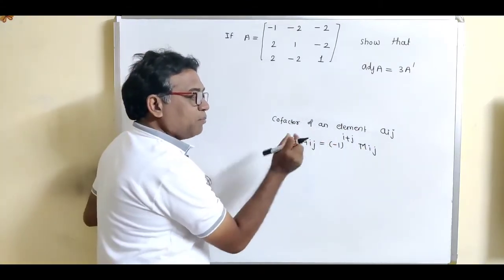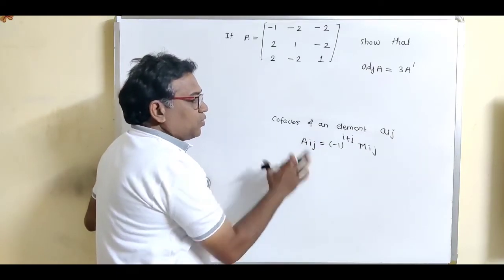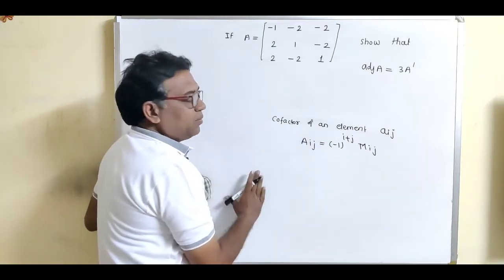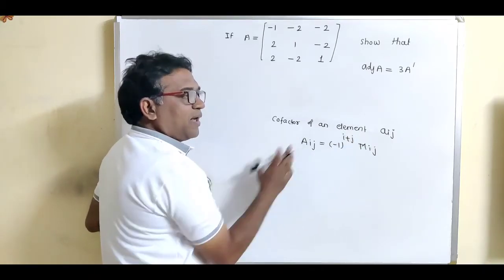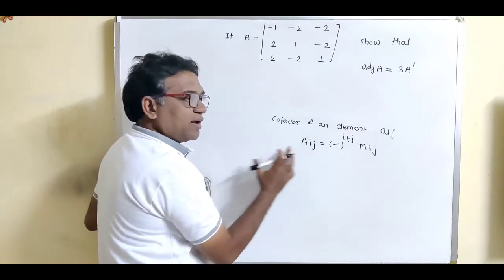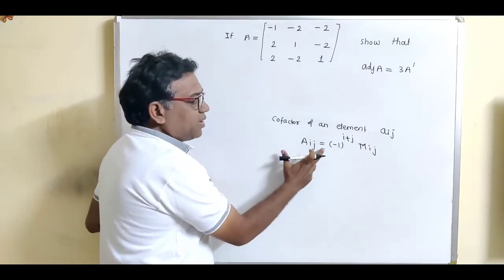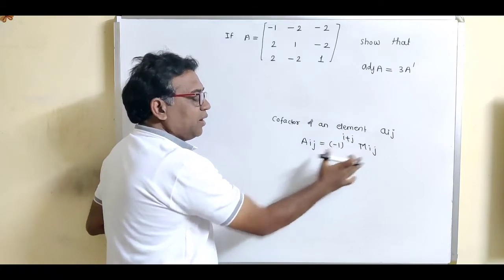Mij means that is the minor, that is the determinant. Just take the addition of these suffixes, i plus j, into Mij.